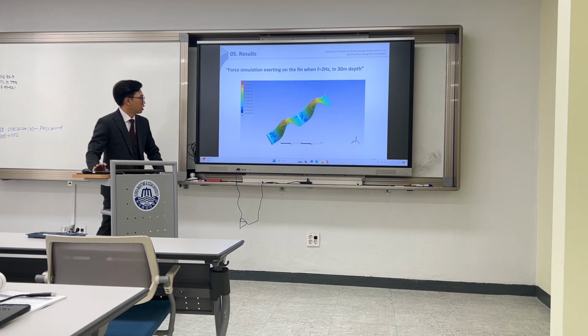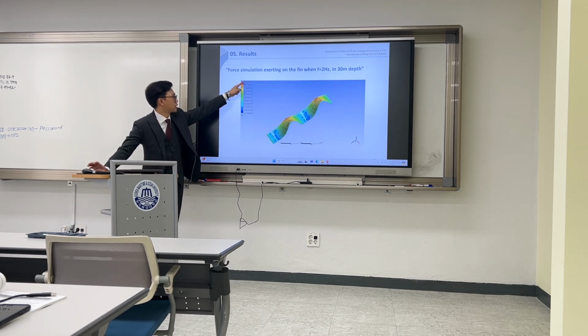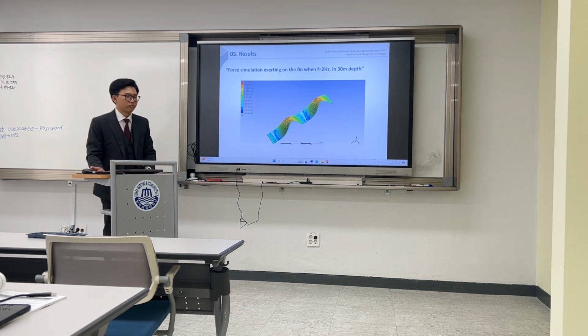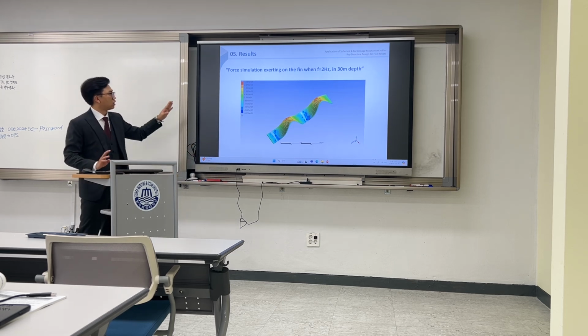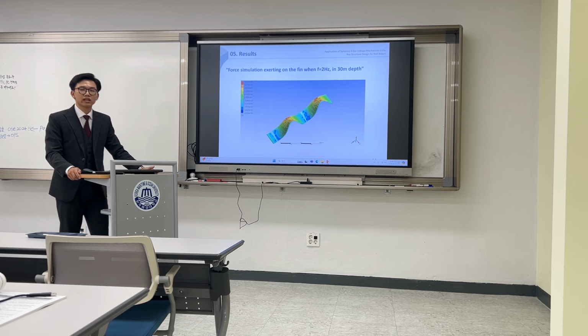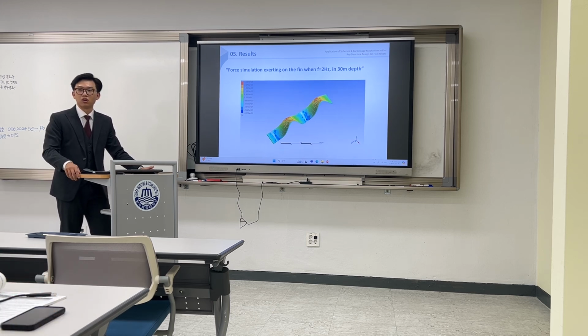You can see on the left hand, this is the torque. The maximum torque is right here, and this one is the minimum torque applied to the fin, where the fin is moving at a frequency of 2 Hz in deep sea water, 30 meters below sea level.